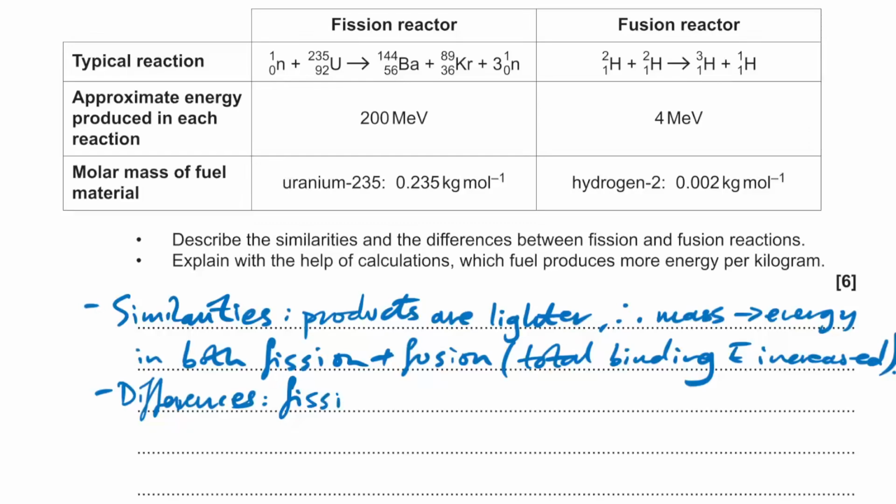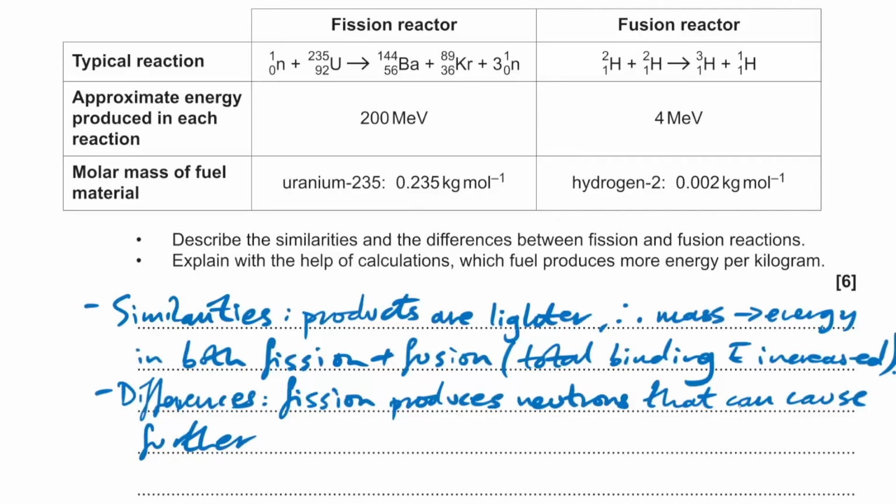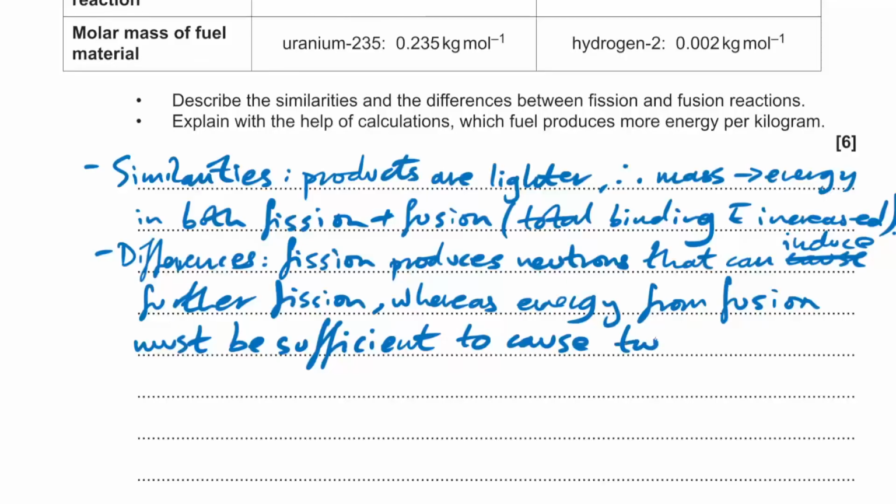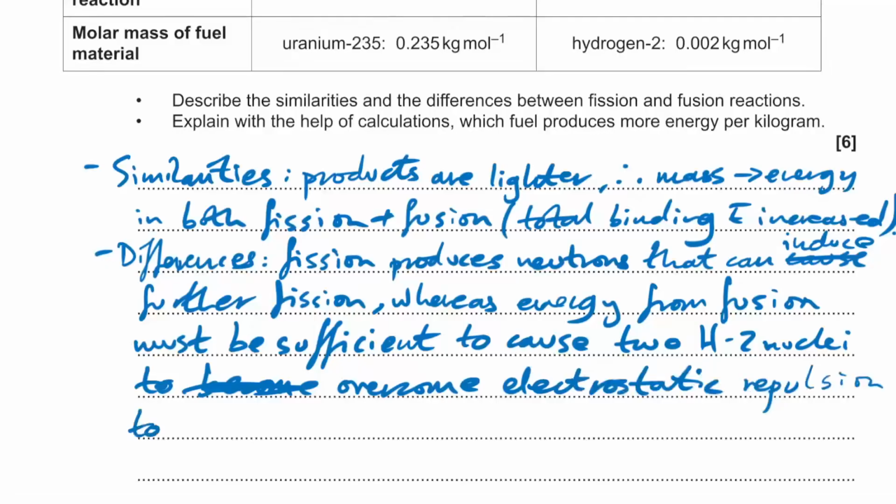Fission, of course, we have neutrons that can cause further fission, or induce further fission, we might say, whereas energy from fusion must be sufficient to cause two hydrogen-2 nuclei to overcome electrostatic repulsion to cause further fusion. That's why it doesn't really work too well. We call that a chain reaction.